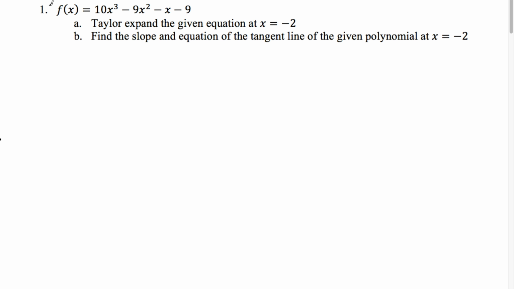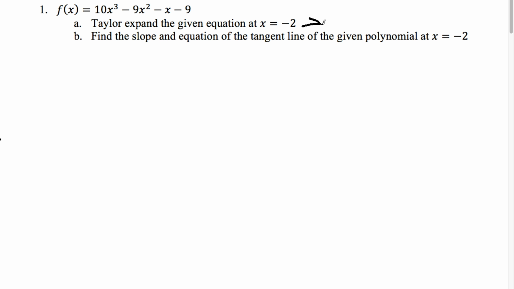Alright, so for this example, we are given a polynomial equation f of x, and we are told to Taylor expand it in the first part, given the point x equals minus 2. In order to Taylor expand, we need to divide by a certain value, and we get that value by moving everything to one side so the equation equals 0.